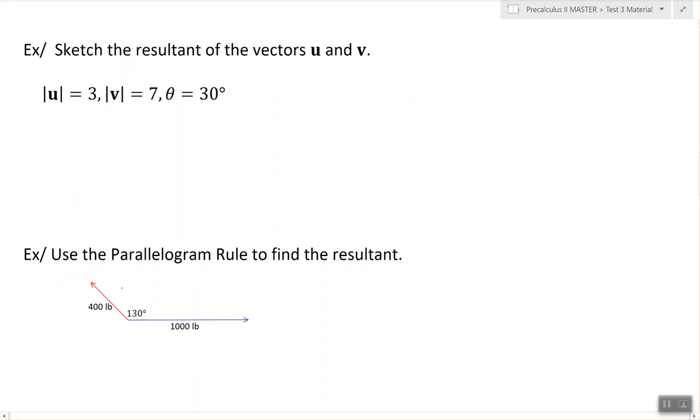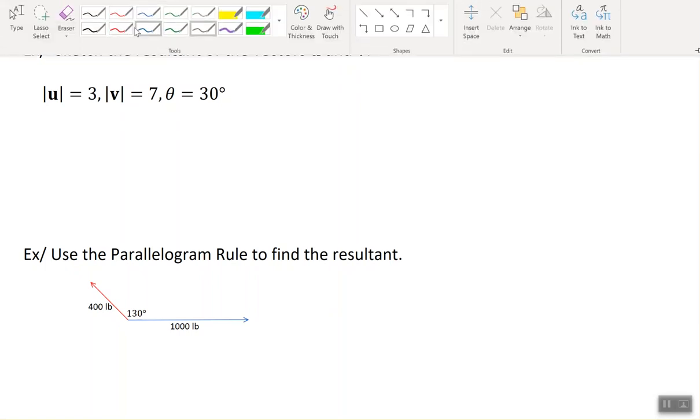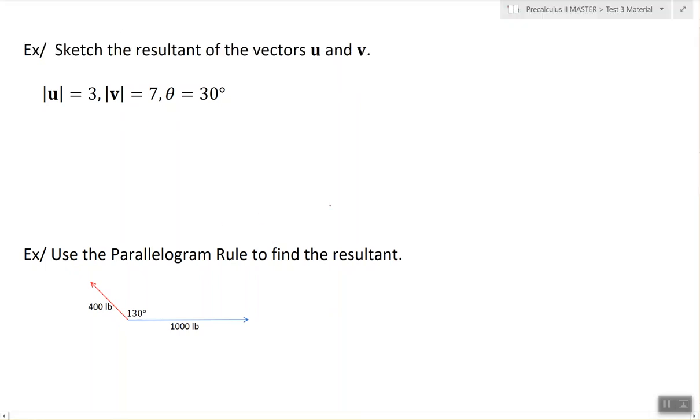Let's practice sketching resultant vectors. We have vectors u and v. We've been given the magnitude of the u vector and the magnitude of the v vector, and then we have the angle between them. So just go ahead and draw. Let's say we wanted to draw this first one.